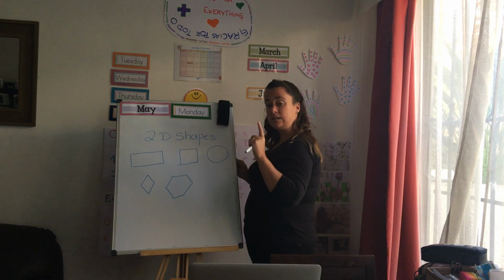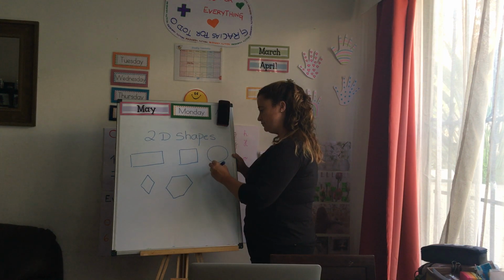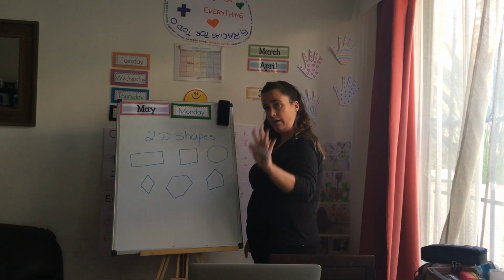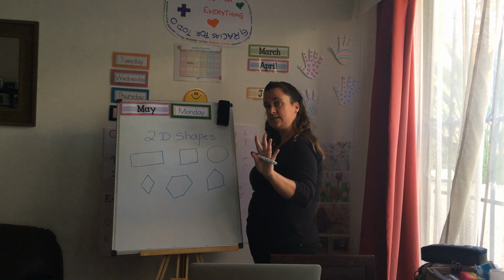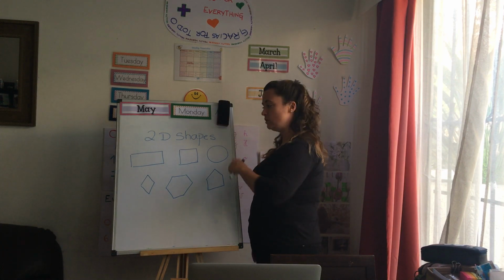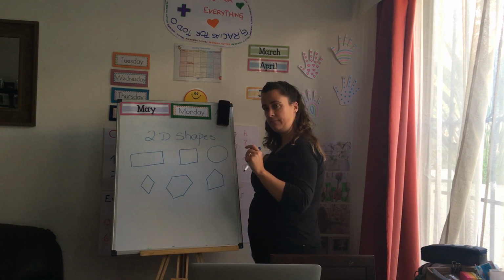What about this shape? 1, 2, 3, 4, 5. 5 sides. It is called a pentagon. Don't worry, now we're going to write them down. Okay? Yeah?